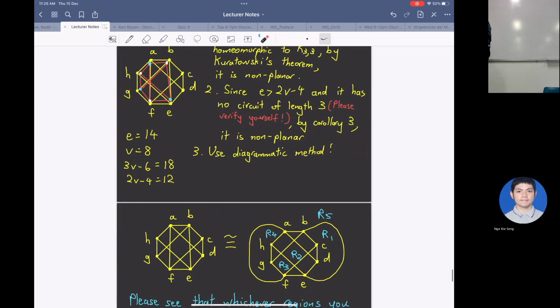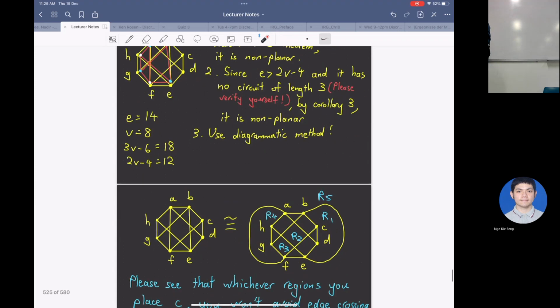Or you can use the diagrammatic method. So what do you mean by no matter how you draw, you cannot draw? For example, if you draw this isomorphic graph here, you should argue no matter how you place these four vertices, you cannot avoid edge crossing. But you can see that these four vertices are symmetric, so you just need to discuss one vertex.